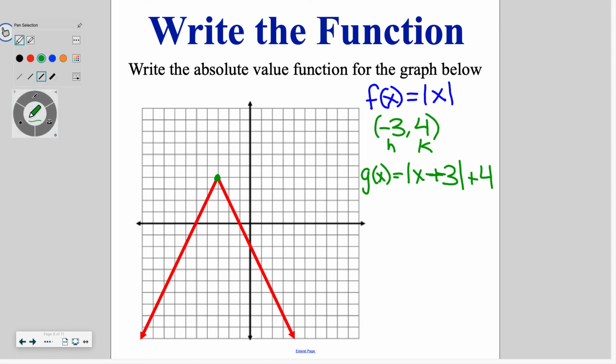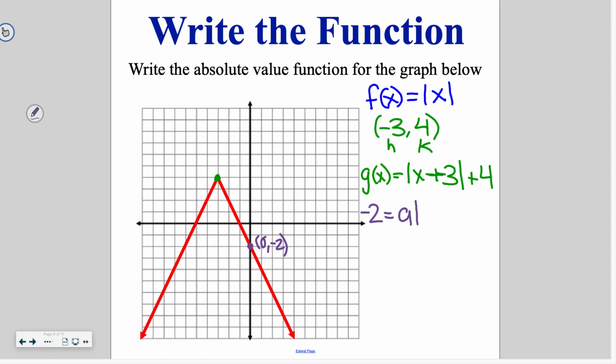In order to do that, you need to pick any point from the graph. So for example, I'm going to go ahead and pick the point 0, -2. What I do then is I'm going to plug it in. So this is 0, -2. G of x is my output, so I'm going to say -2 is equal to, we're looking for the a value. So I'm just going to put an a there.